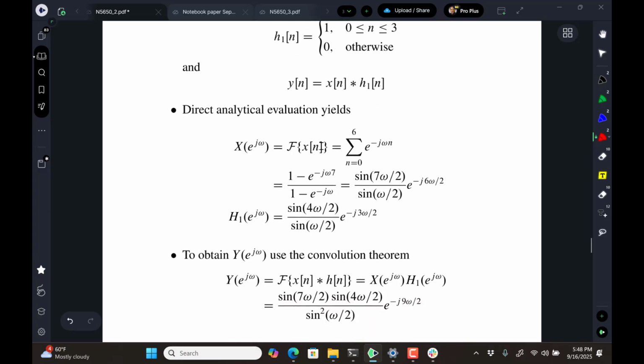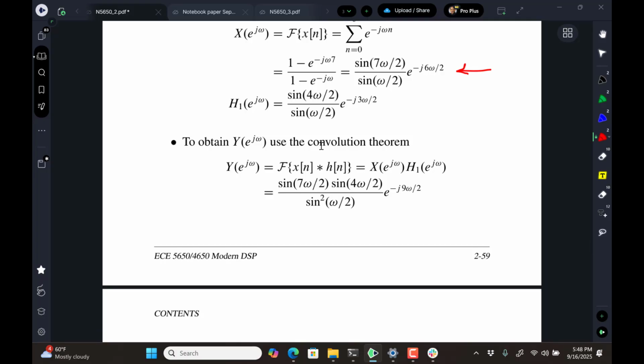If we plug that into the Fourier transform definition, we're just summing from 0 to n. That is, again, a finite geometric series, and we can get that response very easily by simplifying it. This is, again, very similar to the moving average analysis, except now it's a spectrum rather than a frequency response.